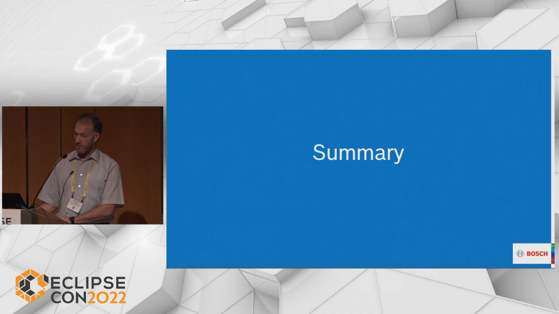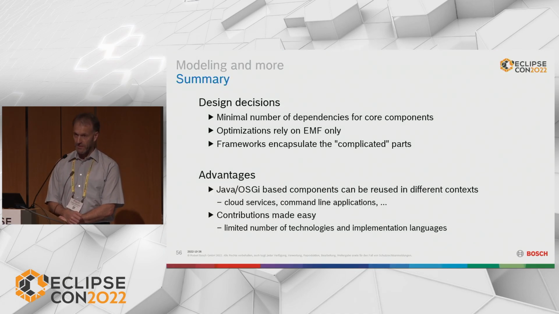So as a summary, we decided to try to have a minimal number of dependencies of our core components. We relied on EMF only as far as possible, and we built some frameworks to make the complicated parts easier. That had several advantages for us because it's now easy to reuse the components. We already did that in command line tools or in web services. So we can load the models, validate them, migrate them on that level.